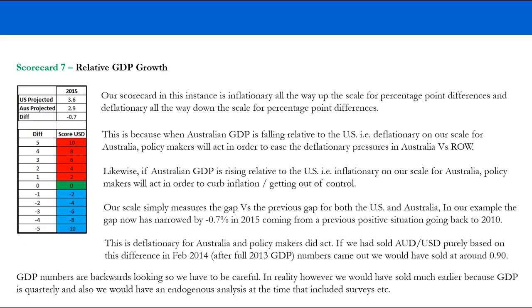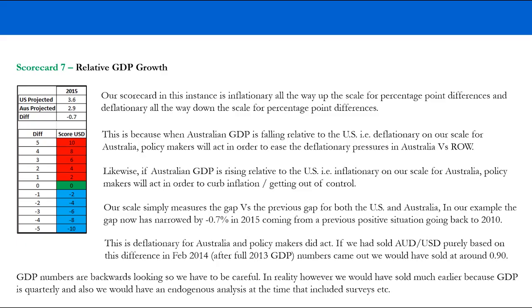And what happened? Well, policymakers did actually act. And if we had sold Aussie dollar, US dollar purely based on this difference in February 2014, so after full 2013 GDP numbers, so the number was becoming less positive, we would have sold the Aussie dollar at around 0.9. Now, what's quite interesting is that when we're looking at GDP numbers, we know by now that they're lagging.